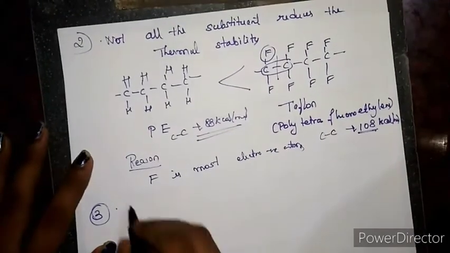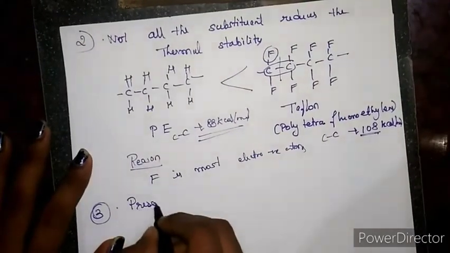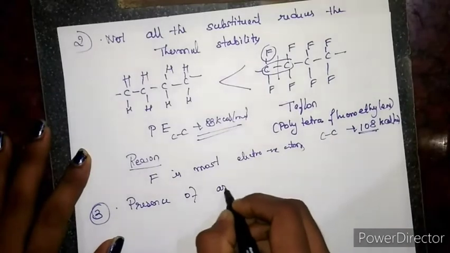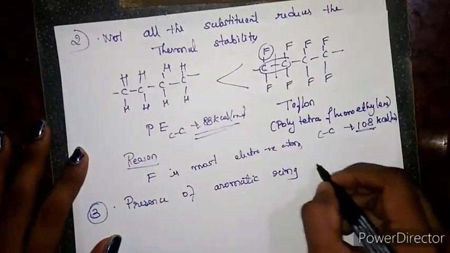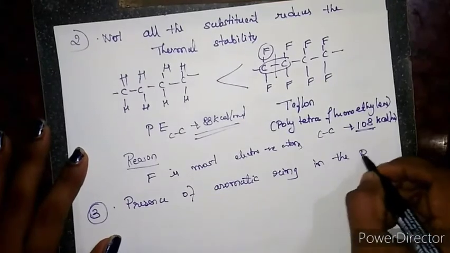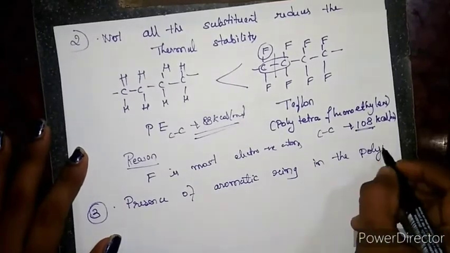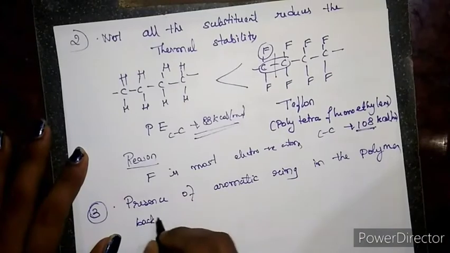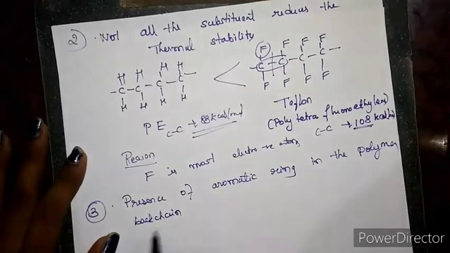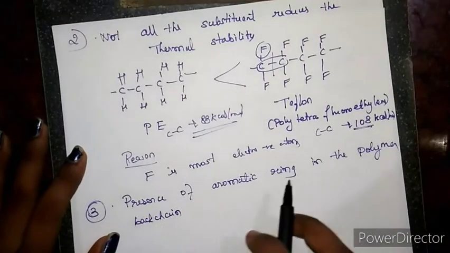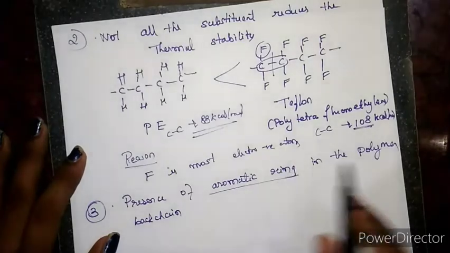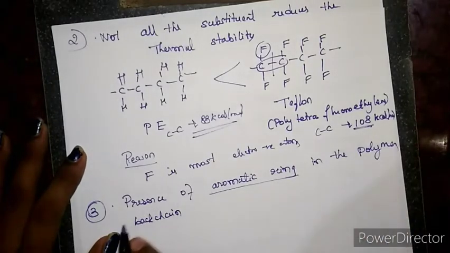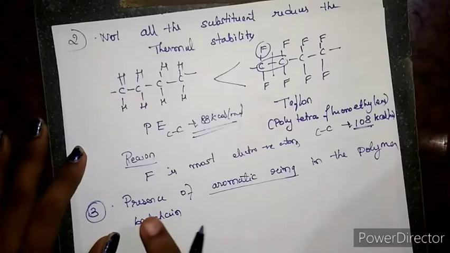The third point is the presence of an aromatic ring or aromatic group in the polymer backbone. Now suppose there is an aromatic ring in the polymer backbone, then what happens to the stability? Remember, if there is an aromatic ring in the polymer backbone, then that polymer will have very high thermal stability.